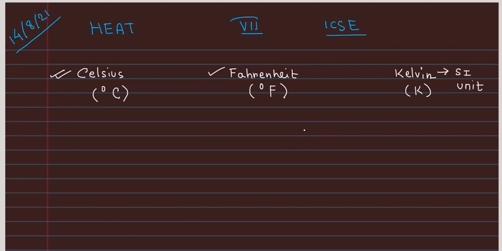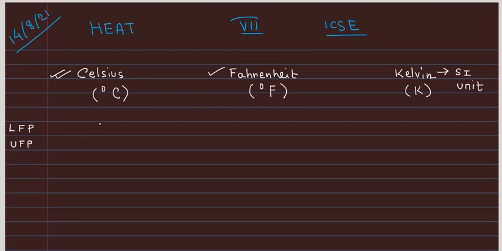Now it is important to know how these three different temperature scales are related to one another and what are their lower and upper fixed points. Each of these has a lower fixed point, LFP, and an upper fixed point, UFP.